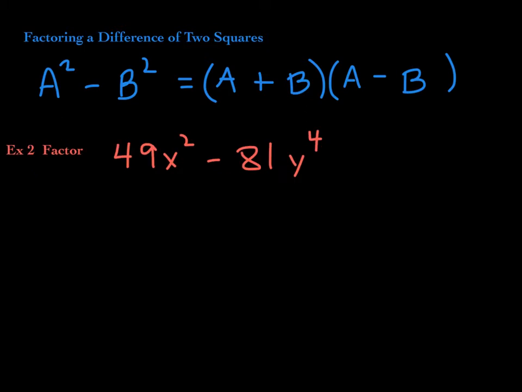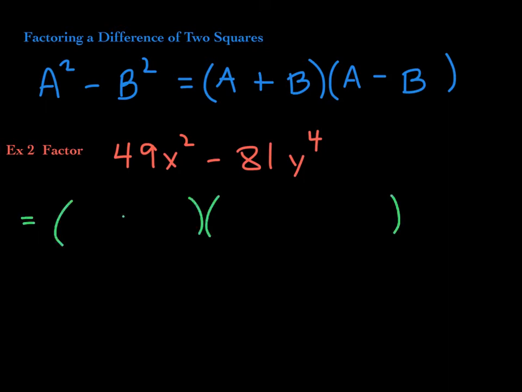Next example. First of all, this is a difference. 49x squared is 7x times 7x. 81y to the fourth is 9y squared times 9y squared. Therefore, this is definitely a difference of two squares. It will factor following this pattern. Okay, so it's going to factor as a product of two binomials.